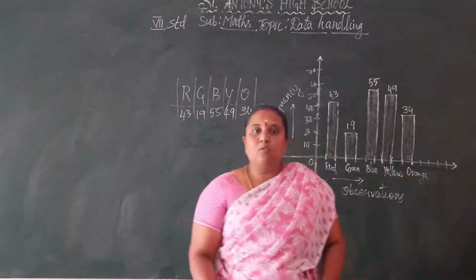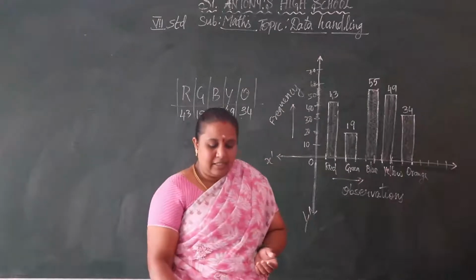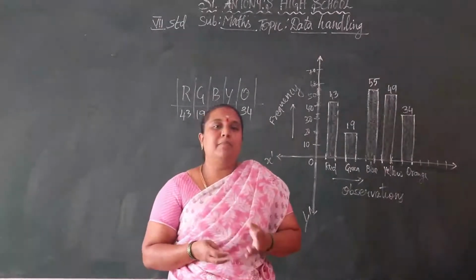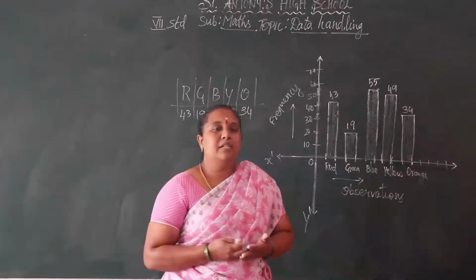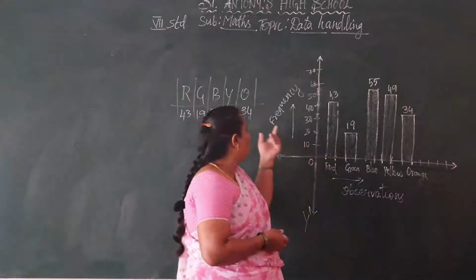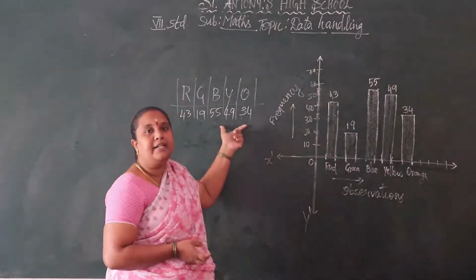So now let us move on to another topic, that is the double bar graph. What is the purpose of a double bar graph? We have to compare the frequencies, we have to compare the data.